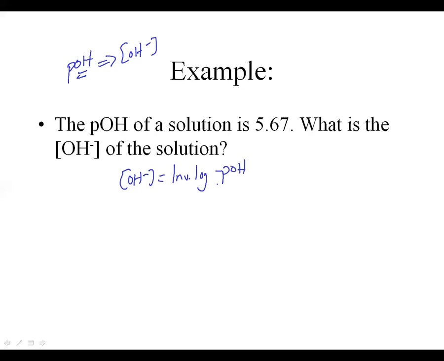So that's going to give you the 10 and the caret minus pOH, which if we put that in will be 10 to the minus 5.67. And if we do that, we will end up with an OH minus concentration of 2.1 times 10 to the minus 6. Again, we would use molarity here because that is probably the concentration unit.